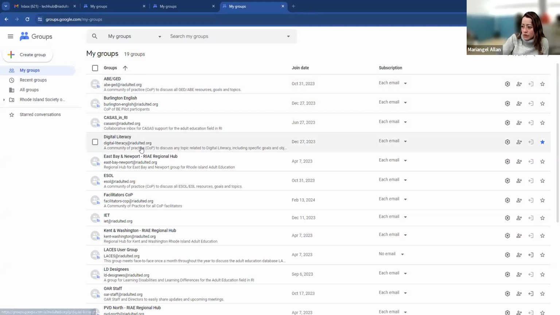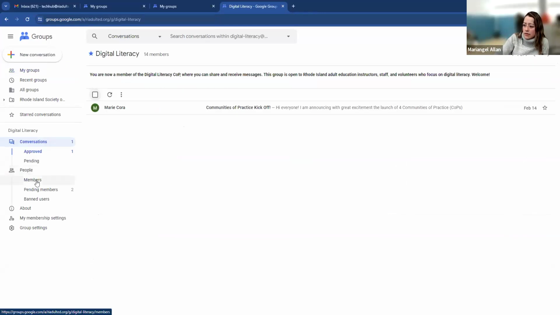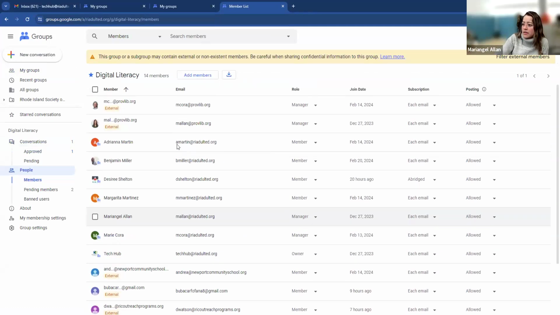Let's say that you want to know what's happening with digital literacy. Okay, these are all the members of digital literacy. And then let's say that you don't want to receive all of the emails at once. You can change that under subscription.